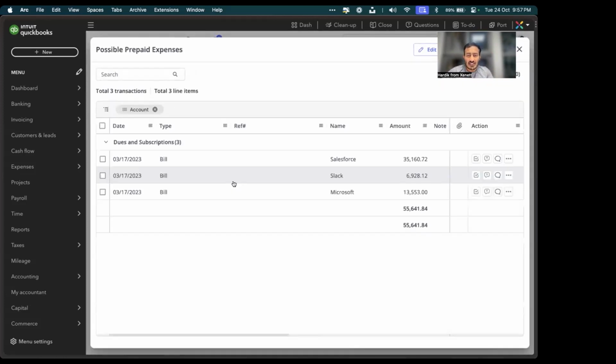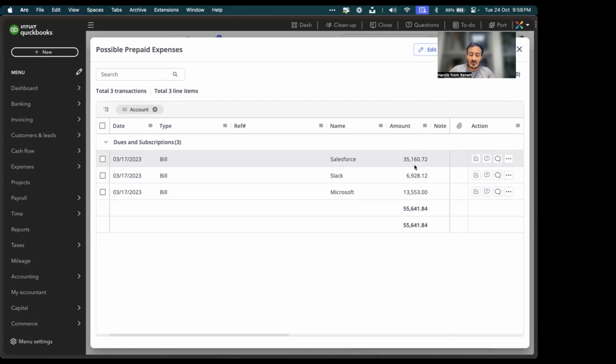If there are any such transactions, I can see there are some big amounts here, like 35, 7,000, $13,000. Now I can go into these transactions and find out, because these amounts are quite material. It doesn't sound like these were expenses for that particular month.